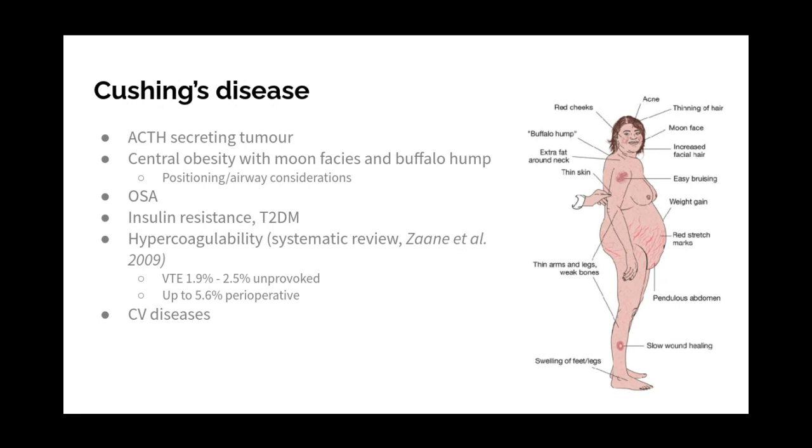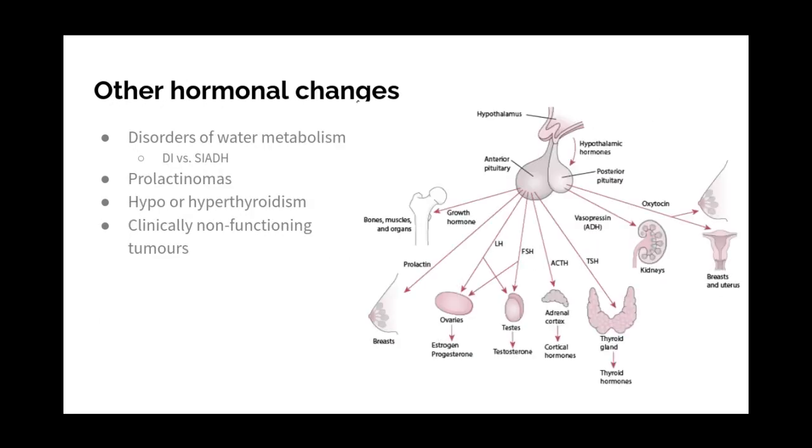So I just wanted to highlight some of the important considerations that we need to have for this unique patient population if they're going to be undergoing transsphenoidal endoscopic surgery. And because the tumors occur in areas that are so close to producing so many different types of hormones, you can really have abnormalities in any of those.